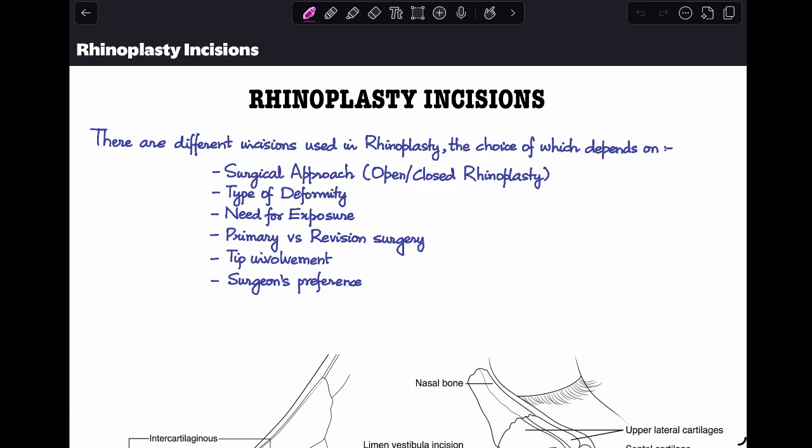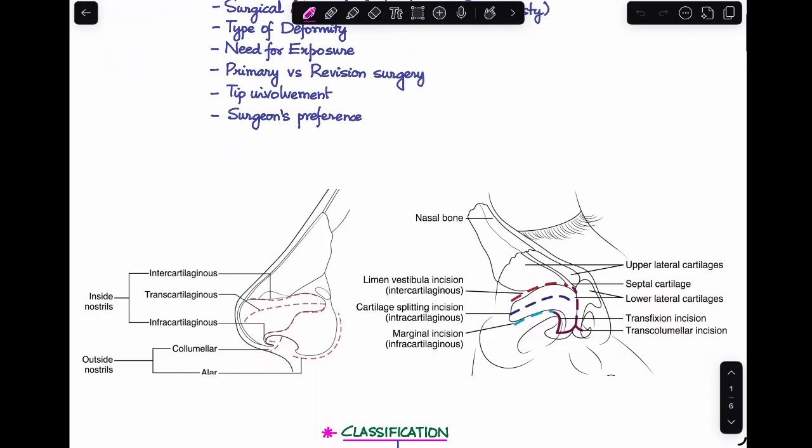So there are these factors that we keep in mind when we are deciding which incision we want to approach with.